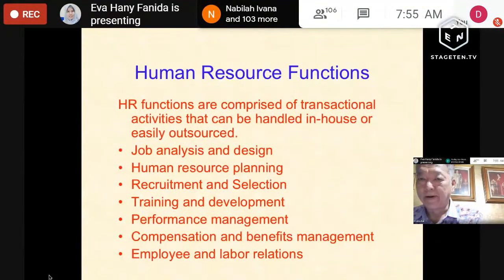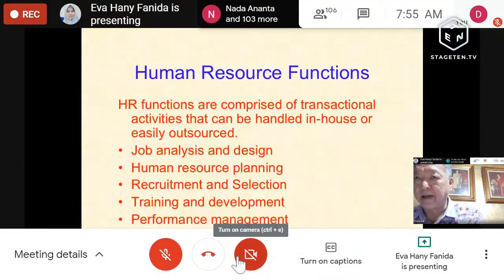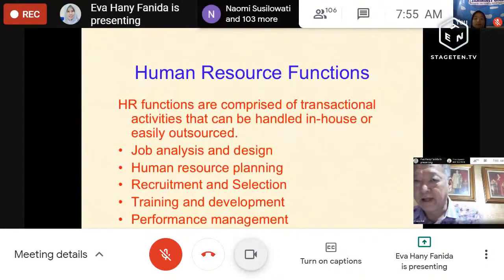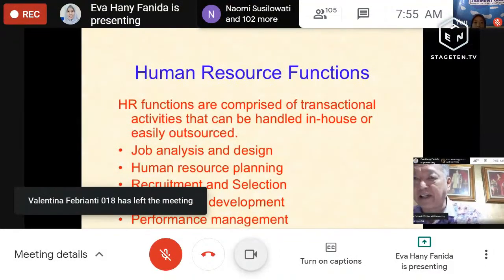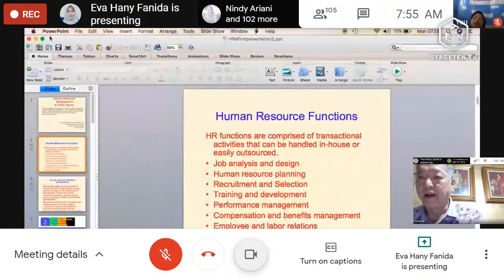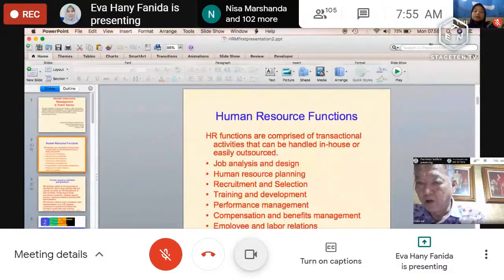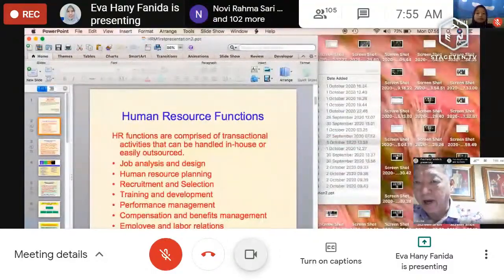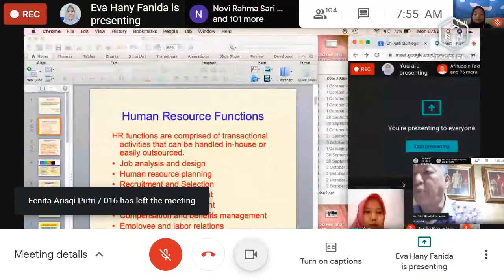Okay, so I just want to mention that the human resource functions depend on our definition, because I learned these seven functions according to the book I have written, and I present this one. For the last one, safety and health, it is not so popular right now in Thailand.